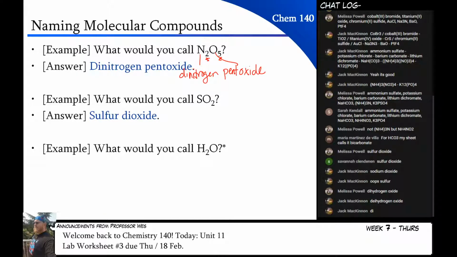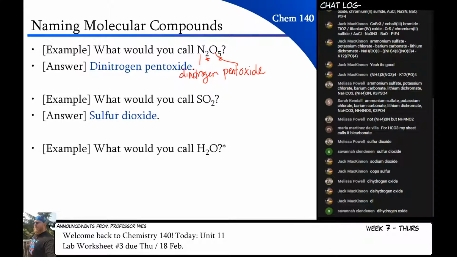Close. We only omit mono on the first element. Got the dihydrogen part, that's right. What are we missing?